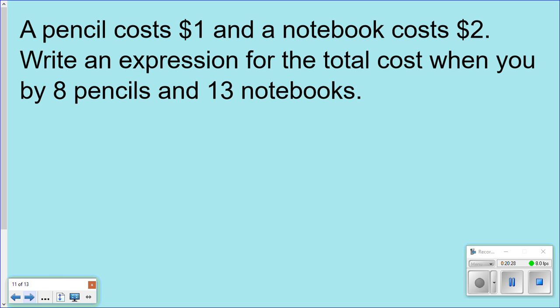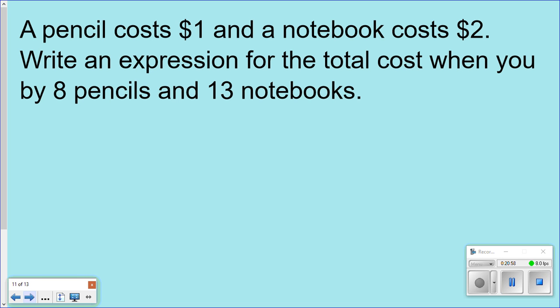If you want a good example in your notebook, this would be a good one to jot down for yourself, so you understand when you get to your story problems.